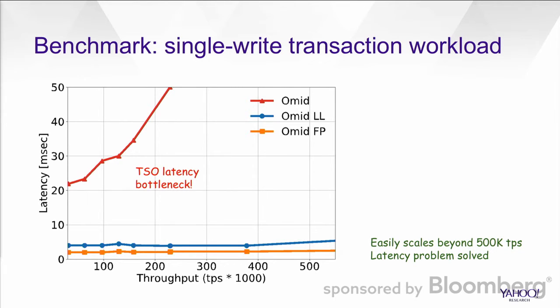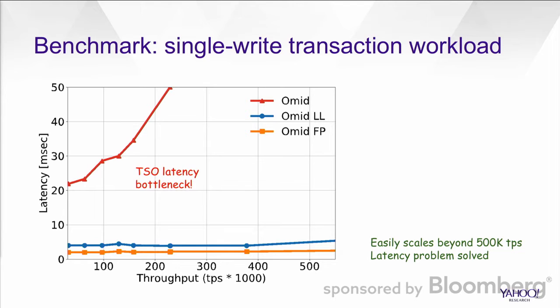OK, now you'll see results. We have here in red the previous Omid, where the transaction manager does the commit. We have here in blue Omid low latency that we just talked about. And we have the Omid FP, that's with the fast path of single write and single read. And you can see that the Omid FP, I don't have the HBase baseline in here, but Omid FP is almost like a single HBase access.